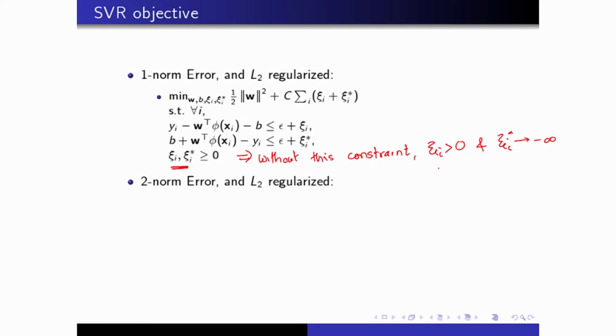Or it's also possible that xi star is positive and xi happily tends to a negative value, which actually defeats the whole purpose.